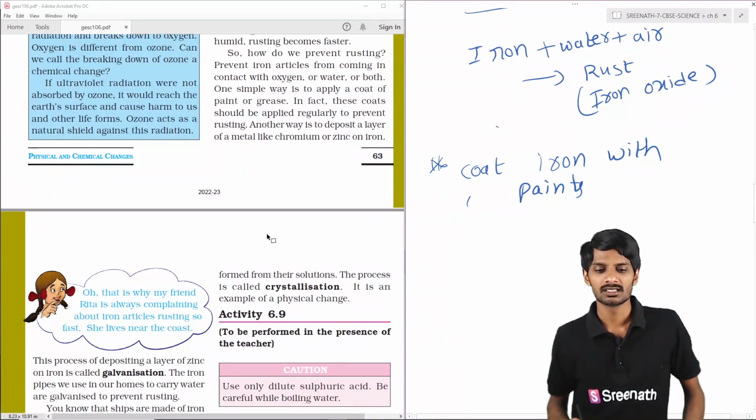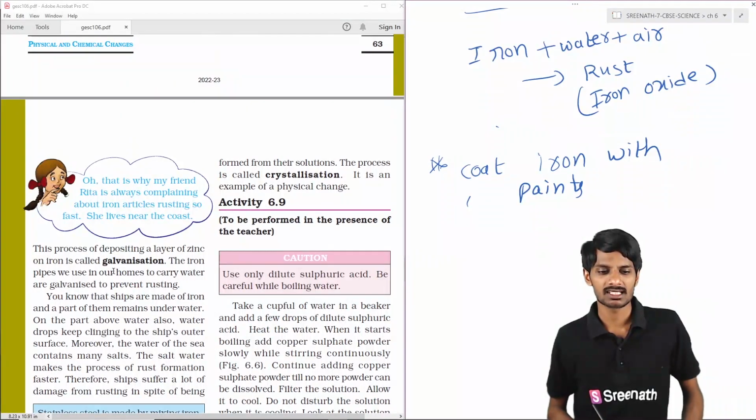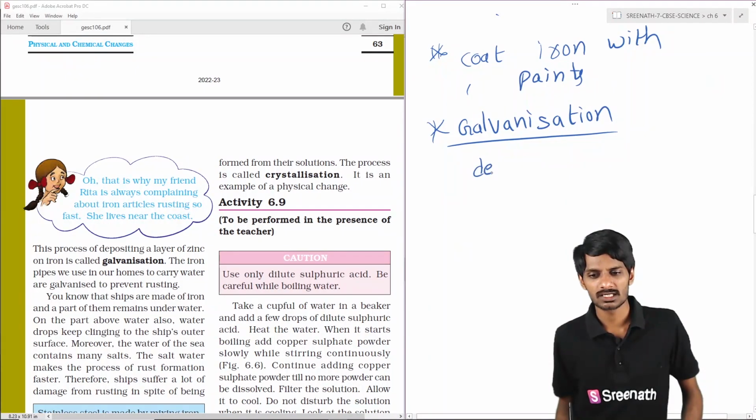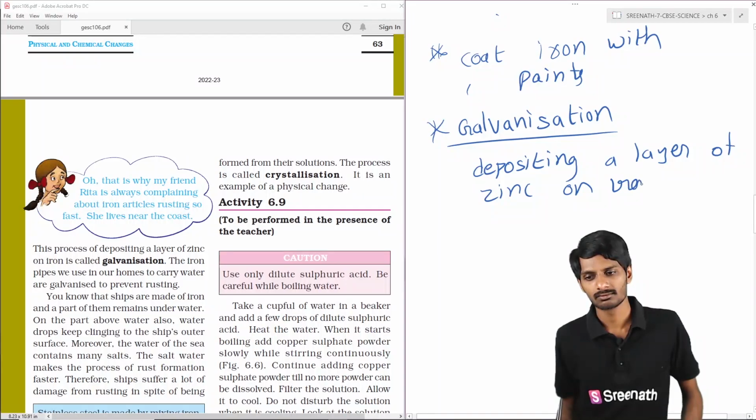That's why there is a process called galvanization. What is meant by galvanization, students? Depositing a layer of zinc on iron is called galvanization.